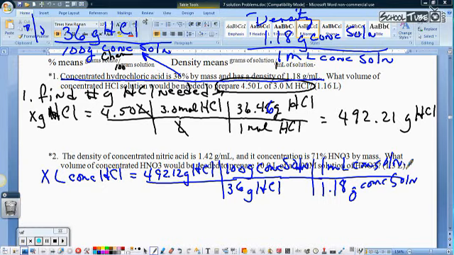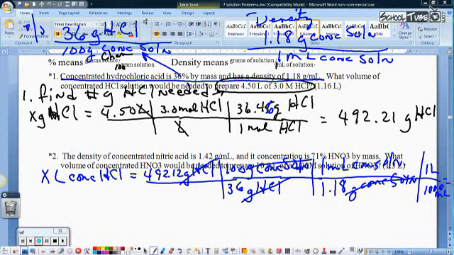All right, now let's look at what cancels. Grams of HCl cancel. Grams of concentrated solution cancel. I'm left with milliliters of concentrated solution. Can I stop? No, because my question asked for liters. Right. So 1,000 milliliters, 1 liter.